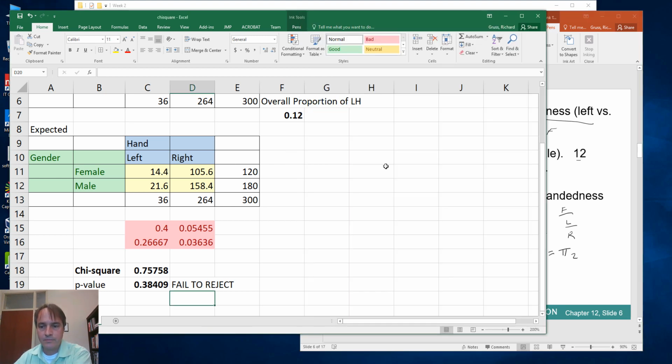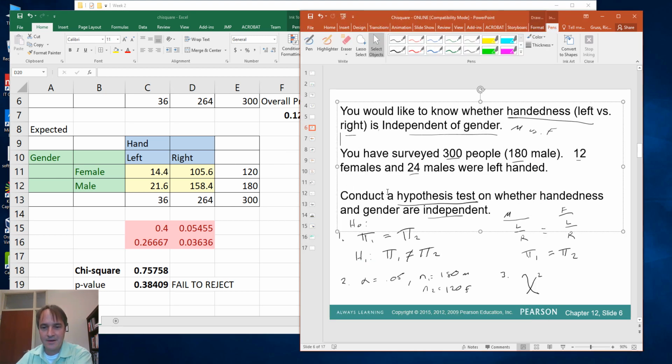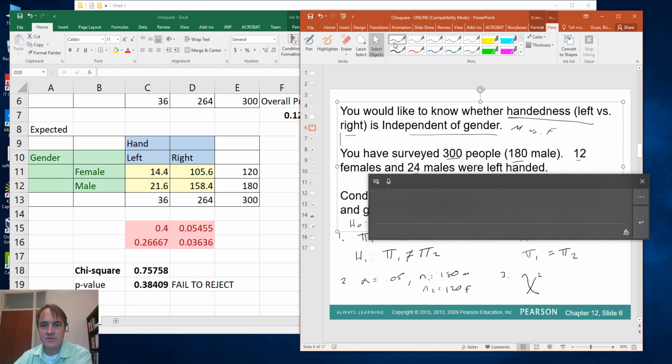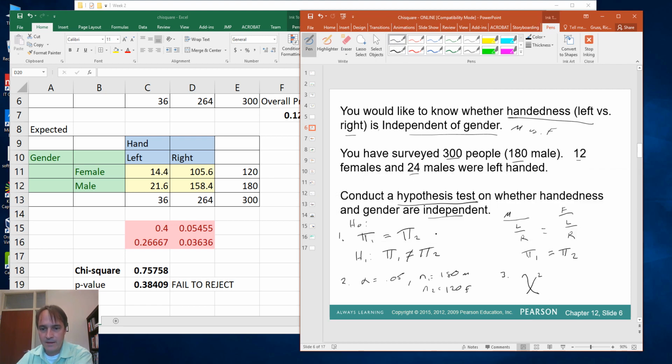Our hypothesis test was testing the null hypothesis that the proportions are equal. So the proportion of left-handed females is equal to the proportion of left-handed males, and we have failed to reject this.